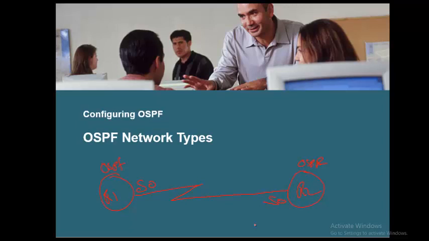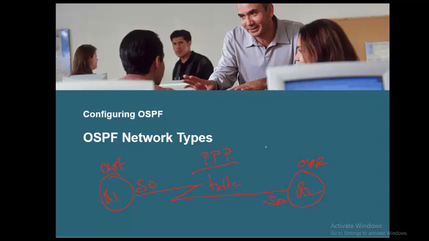Whenever you use a serial link, the encapsulation type is HDLC in Cisco.